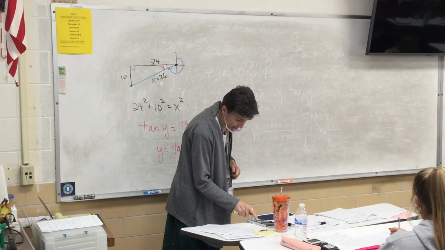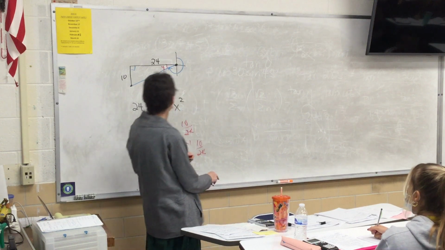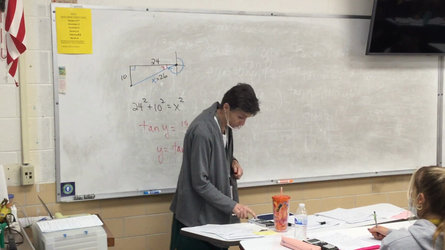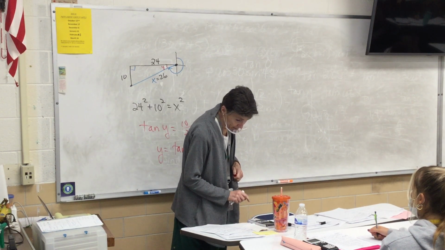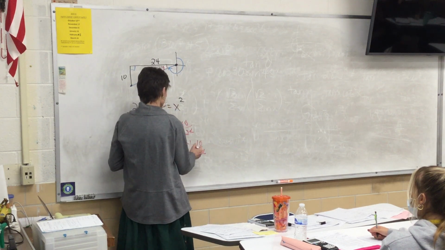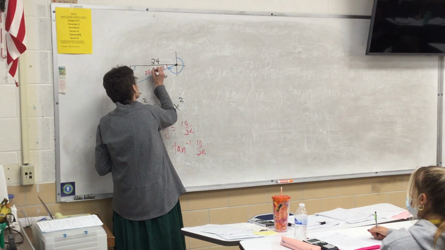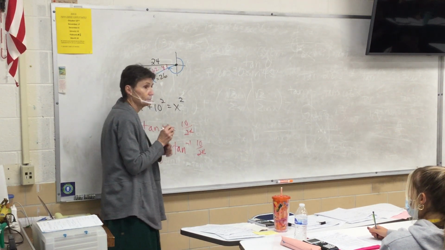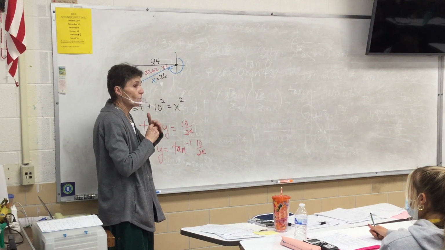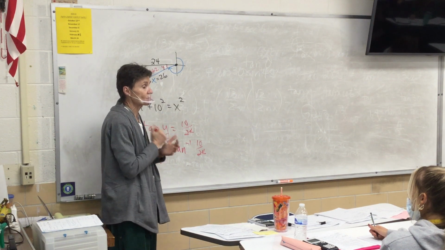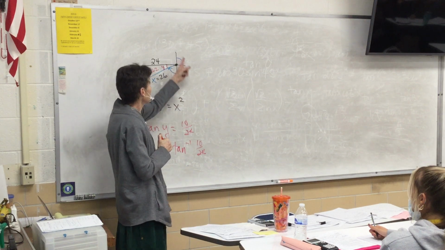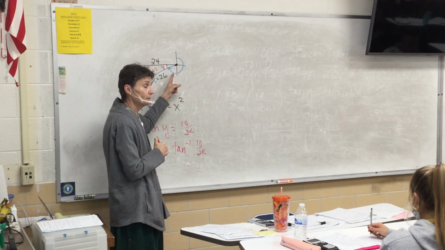And then second tangent, 10 over 24. I got 22.62. That is not the answer to the question though, right? Remember, the answer to the question was the big blue angle.